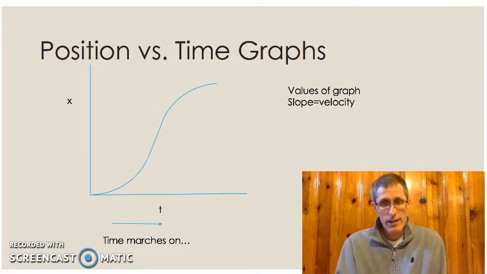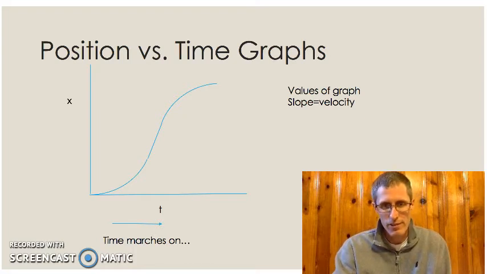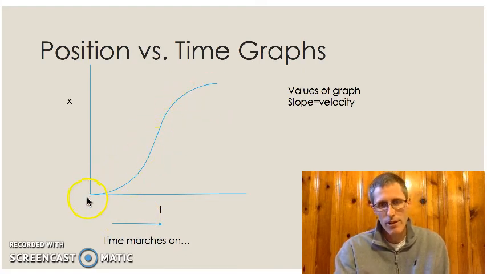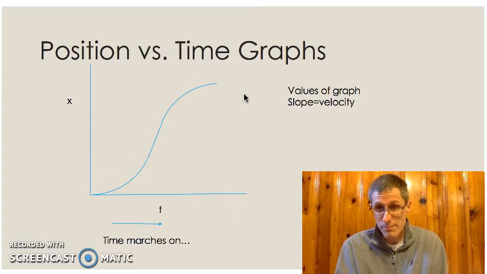So let's do it. Our first look at this is we can say what's happening with the position as time marches on. So the way we read these graphs, time marches on in this direction, and then we can see what's happening with position. So first glance is that as time goes on, the position gets bigger and bigger and bigger. So this thing is moving forwards.